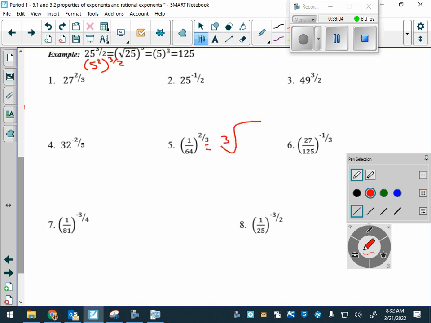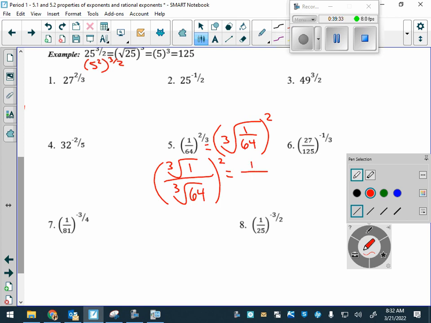Perfect. So now, looking at a fraction like that with a radical over the entire thing, the radical properties state if it's the same root, I could separate it. Okay? What is the cube root of 1? 1.